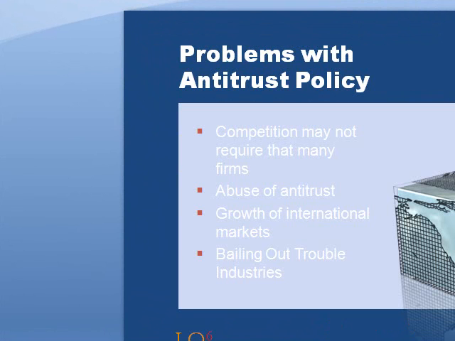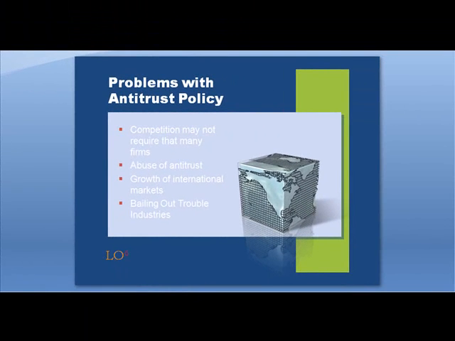So the problems that we do find with antitrust are that sometimes competition may not require a whole lot of firms. If I'm looking at cable, for example, my TV cable provider, two firms in the industry is quite competitive because they do tend to be natural monopolies, and by just allowing one other firm to enter the market, it gives negotiation power on lower prices.